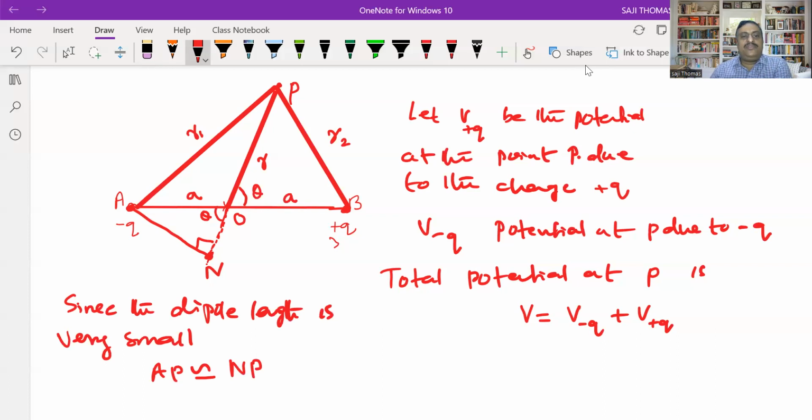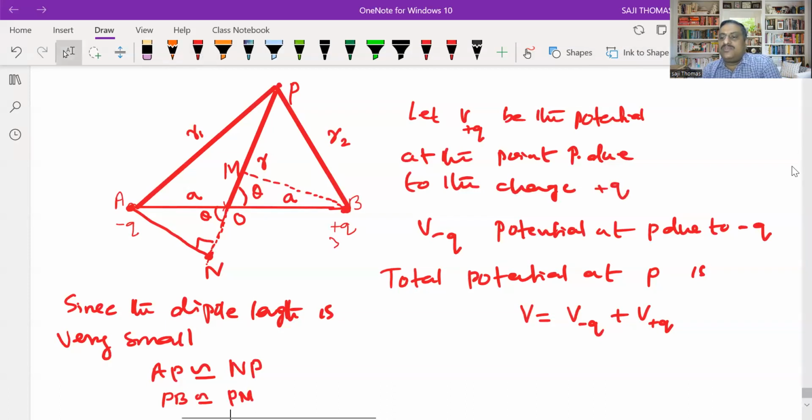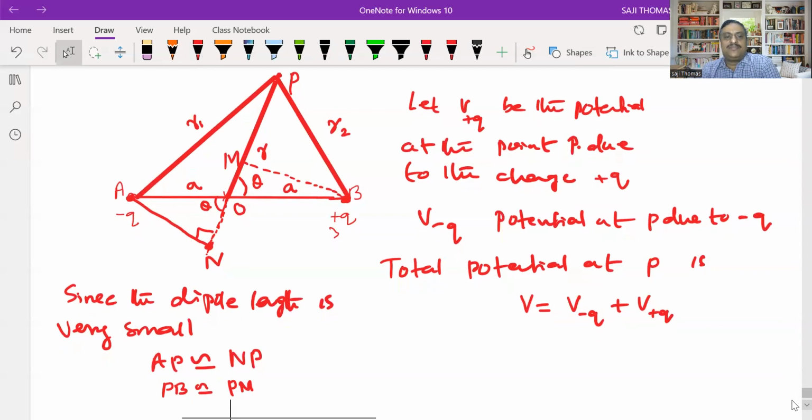In the same way, drop a perpendicular from the point B to OP. That point you take as M. Same way we can write R2, that is PB, nearly equal to PM, because the dipole length is very small. That is why we are assuming. You know, the dipole length is in millimeters or less.